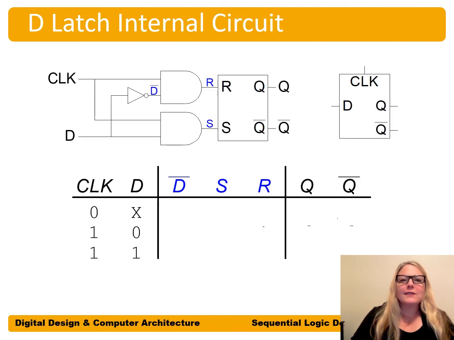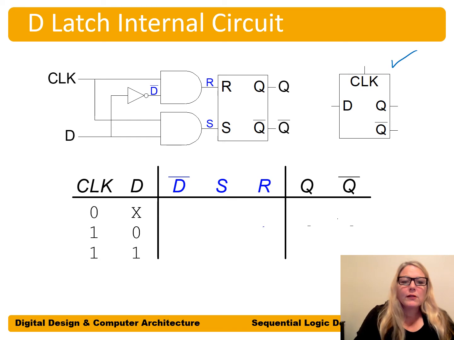So here's the D latch internal circuit. Let's take a look. Well, now S is on the bottom, note, and R is on the top. But still we have clock going into both of these AND gates. We have D going into the AND gate that feeds to S, and D bar going into the AND gate that feeds into R. And again, here is our symbol for the D latch.